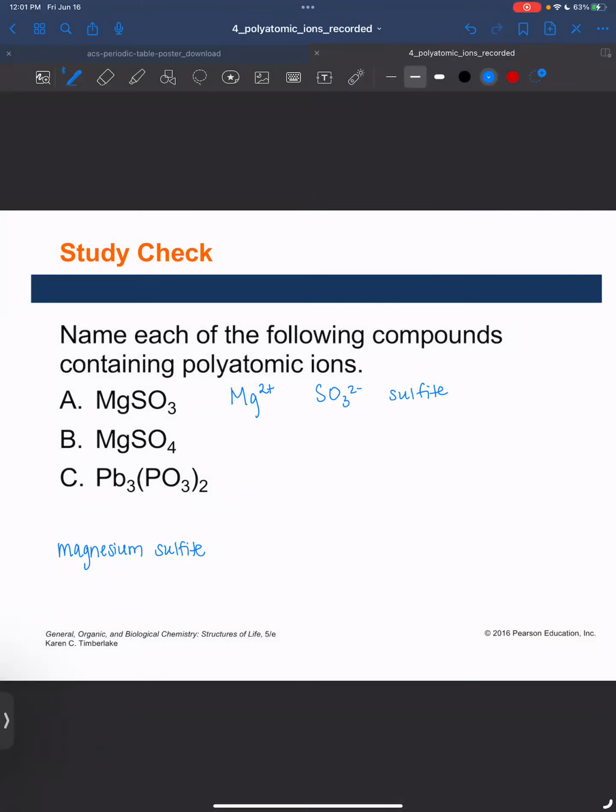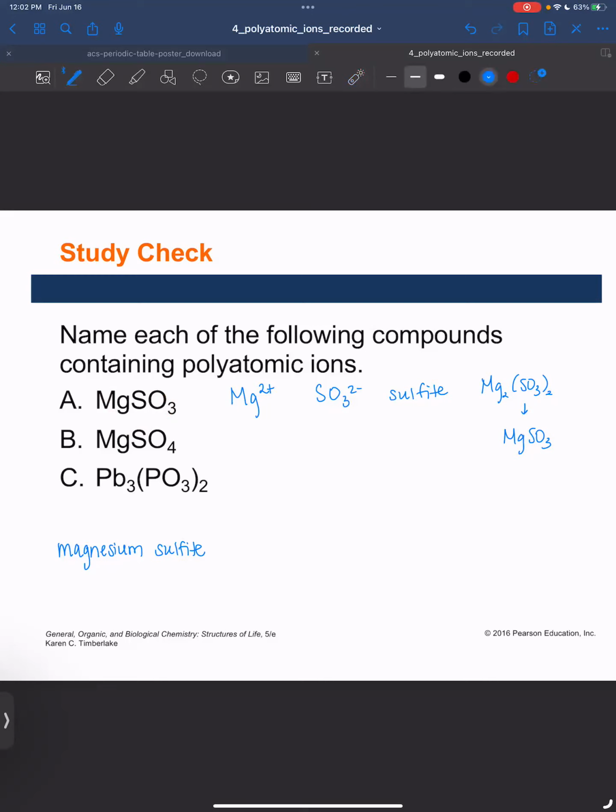Now remember, if we had done the crisscross rule to rederive this formula here, you write down magnesium and then put parentheses around the sulfite and then crisscross here, but we need to simplify that. So that's why it turned into MgSO3, because we have to give the simplest whole number ratio of ions in an ionic compound.